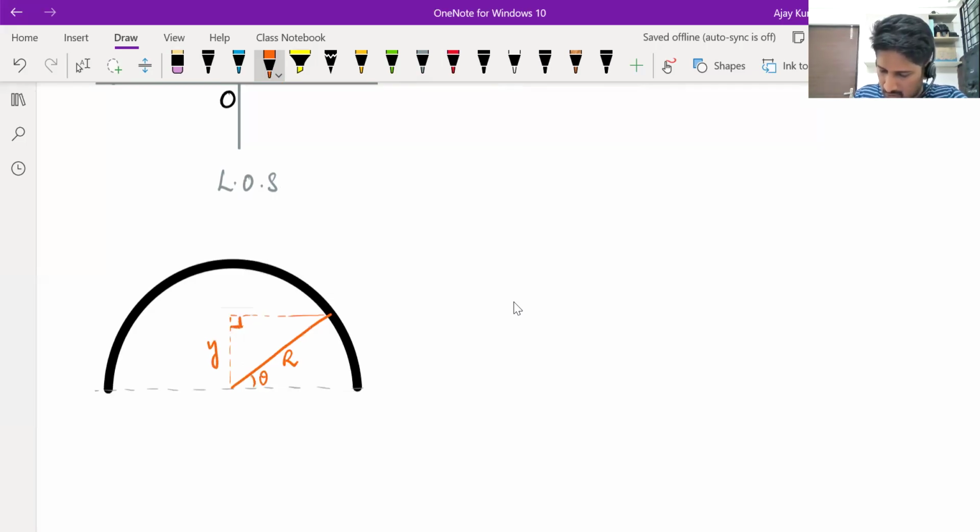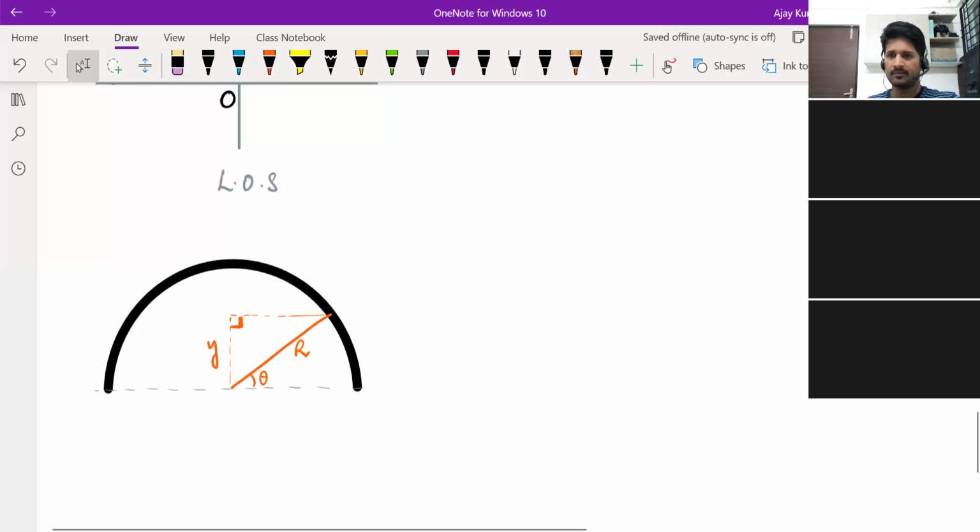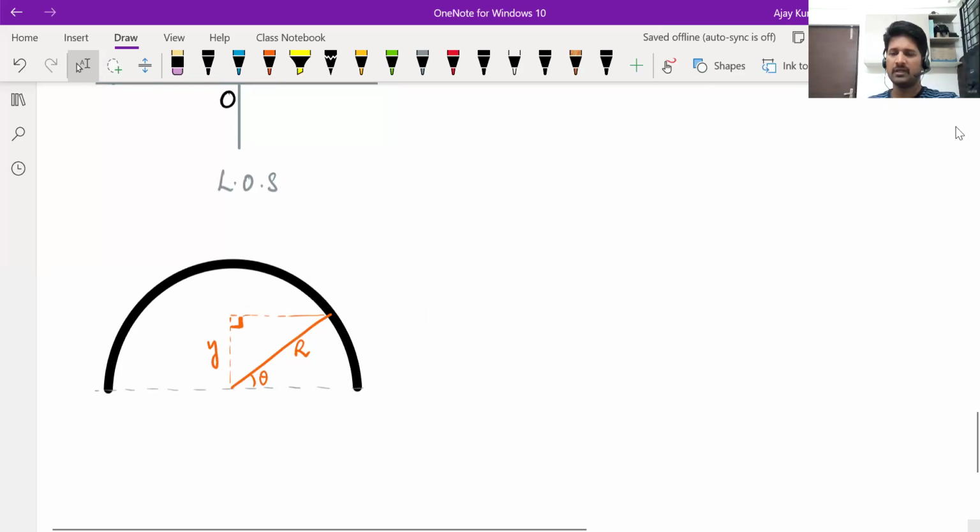How do you relate r, theta, and y is my question. It's a right angle triangle. Relating two sides of a right angle triangle is a relation between y, r, and theta? I don't know why it got disconnected in between.